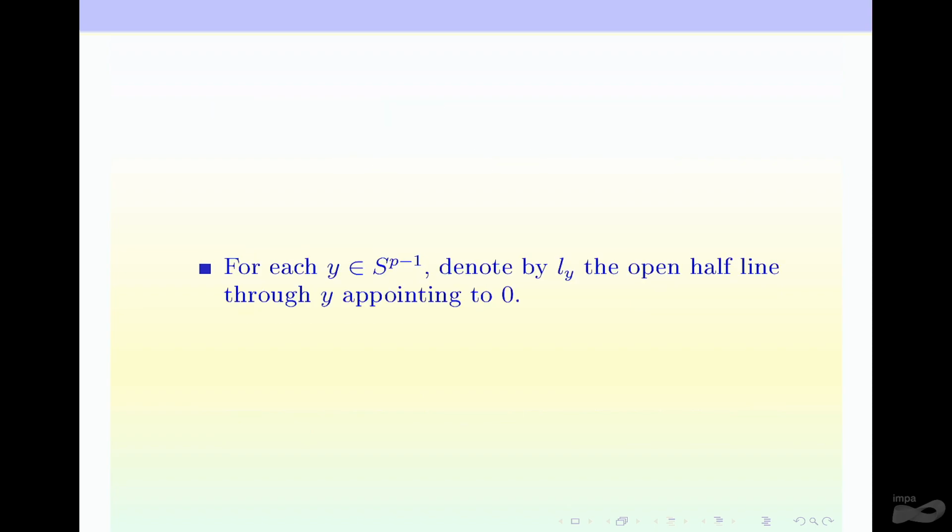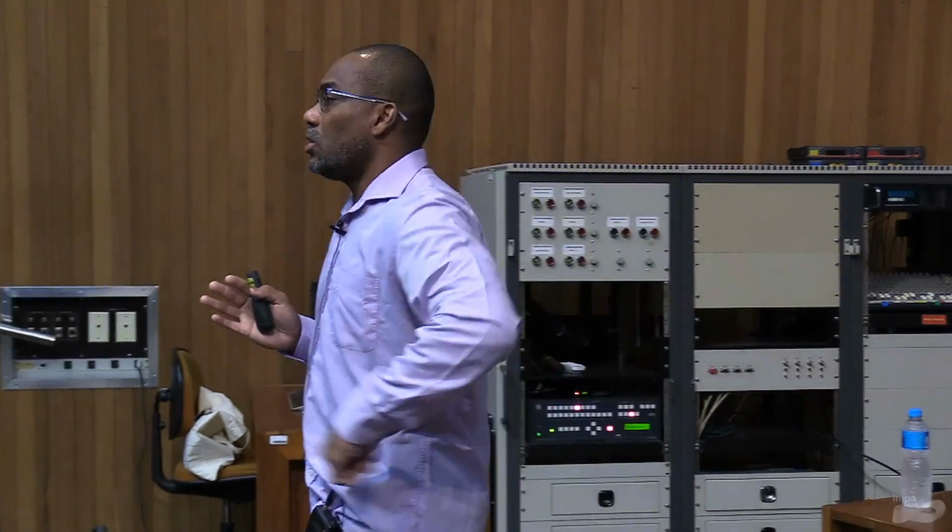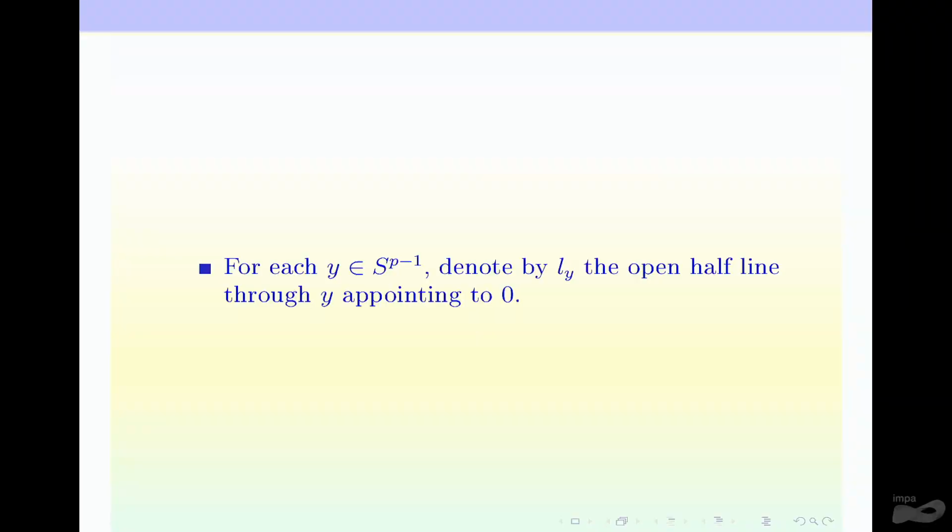And for each y in S^{p-1}, you can just consider y not 0, okay? And you can scale that to get modulus 1, a unitary vector. But anyway, for each such y, let's denote by L_y the open half line through y pointed to 0.